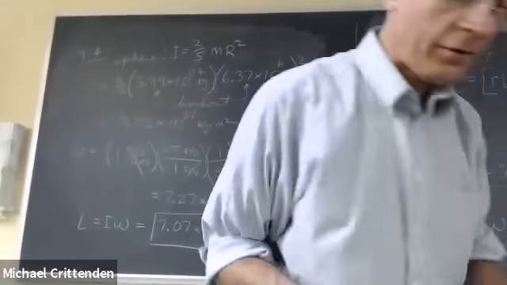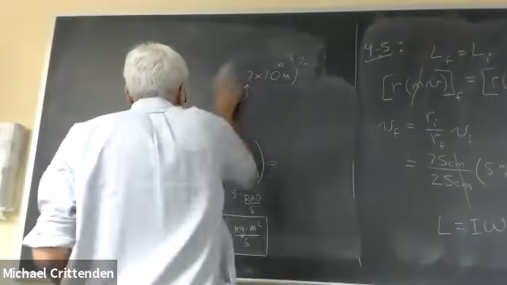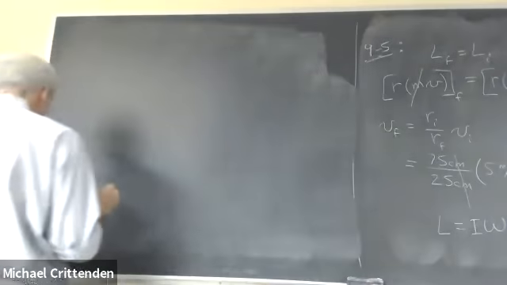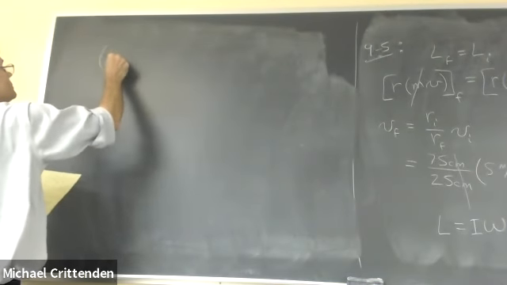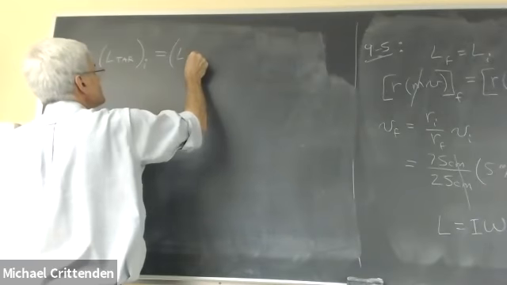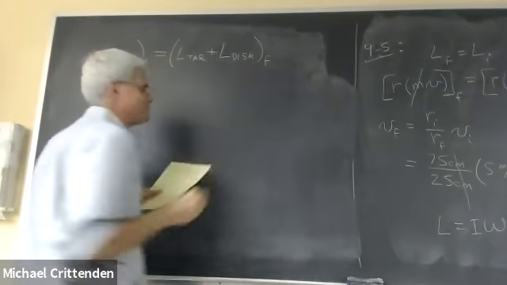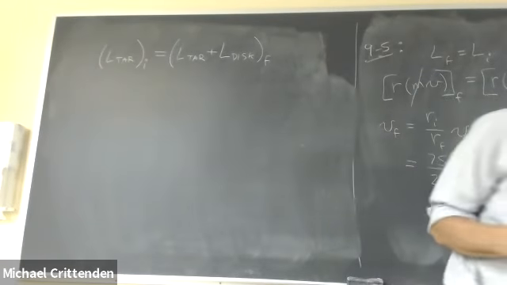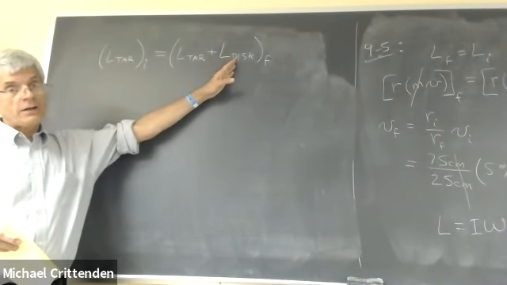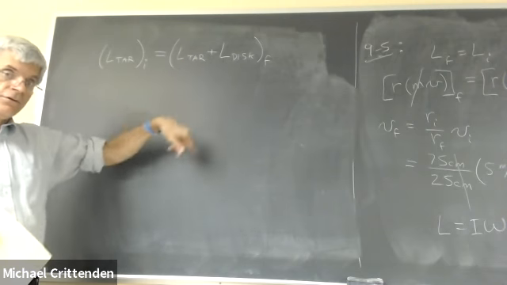And after the collision, the angular momentum is shared between the disk, which is now rotating, and the tar, which is now stuck to its outer edge and moving around in a circle with it.